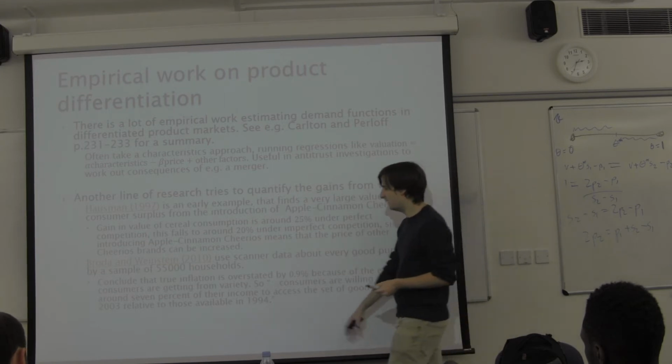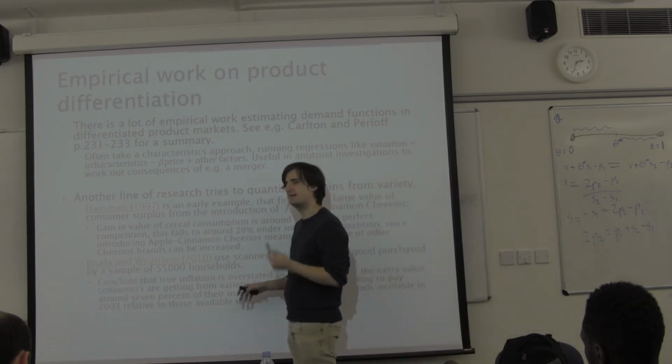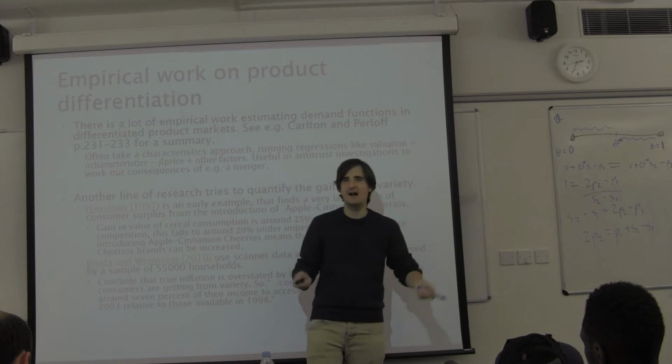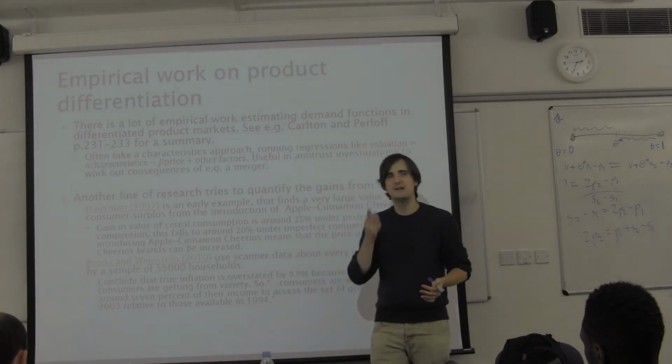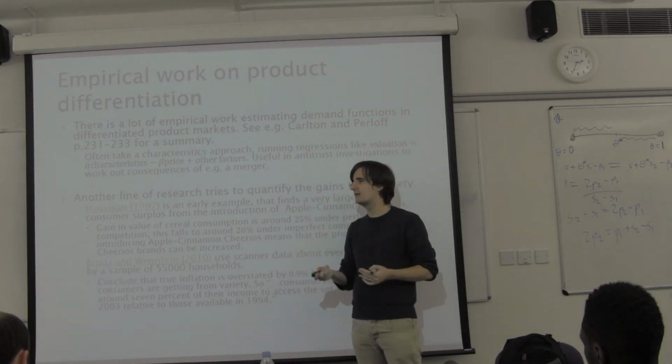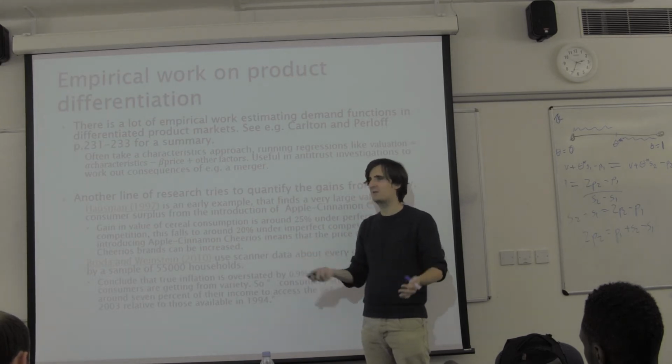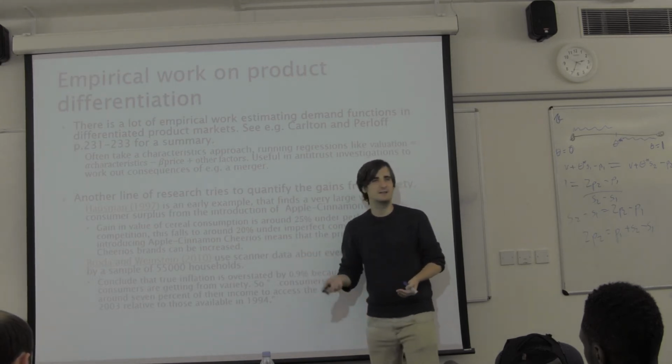So, if you were in 1994, you would pay 7% of your income, which is quite a lot of money, in order to have iPhones, iPads, everything else that's come along in the last 8 years.